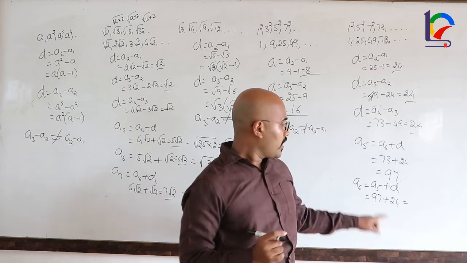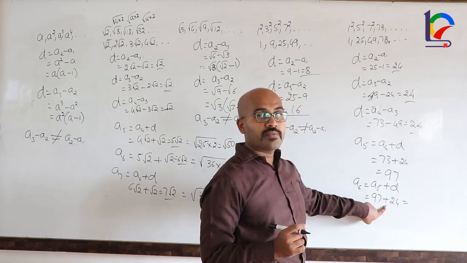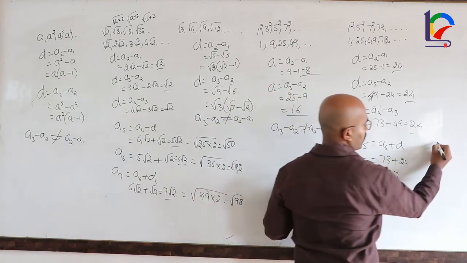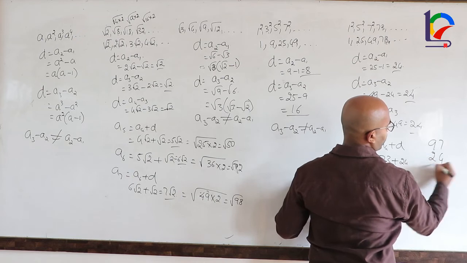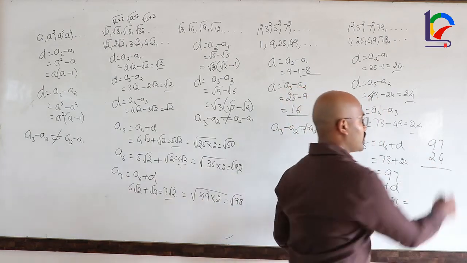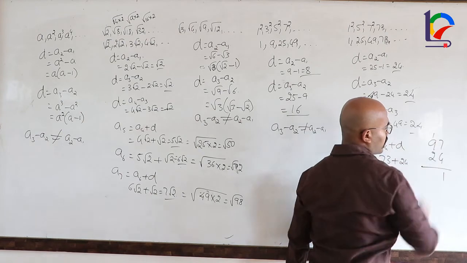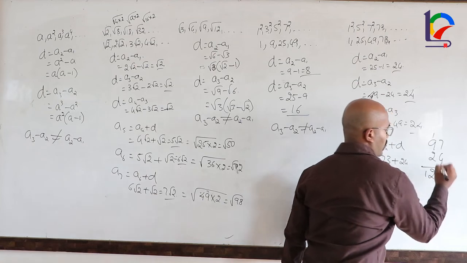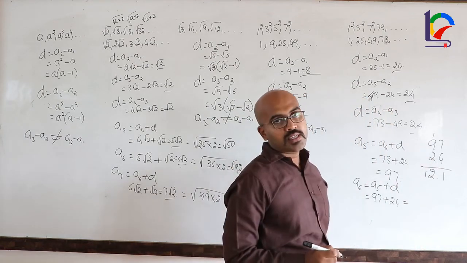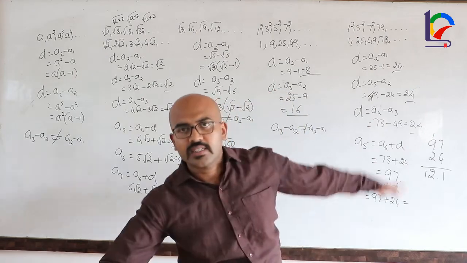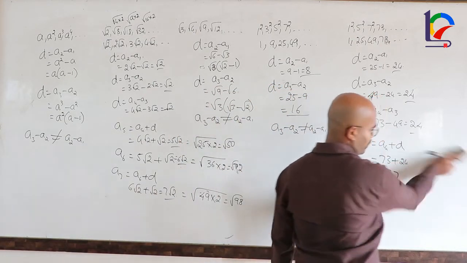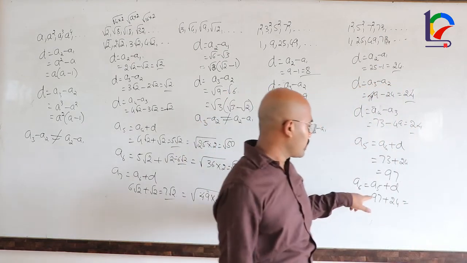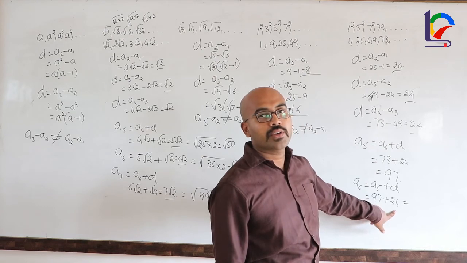If you have such kind of problems, what is the way that you follow? You do 97 and 24, so you add 7 plus 4, 11. Here you take the carry, 1 plus 9, 10, then 121. Instead of doing all this, which is time consuming, start using your brain. 97 and 24, you need to add these two.